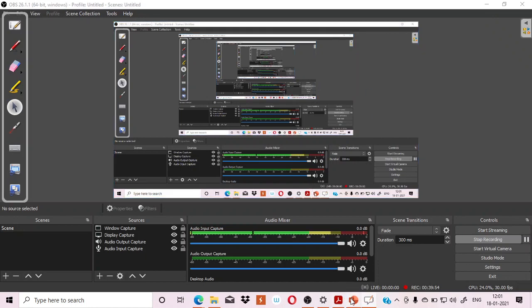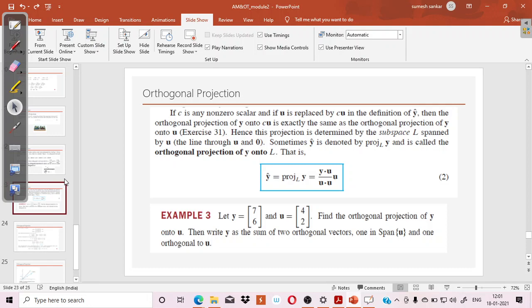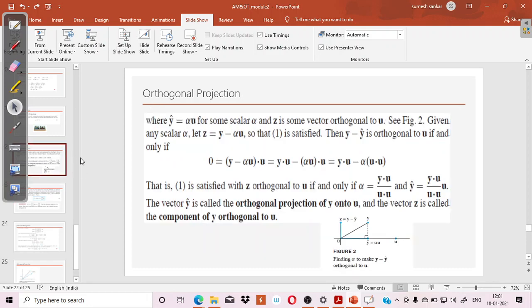So that is our conclusion. The vector z is called the component of y orthogonal to u. So you can decompose any vector into two vectors.